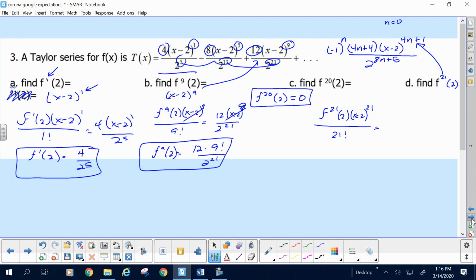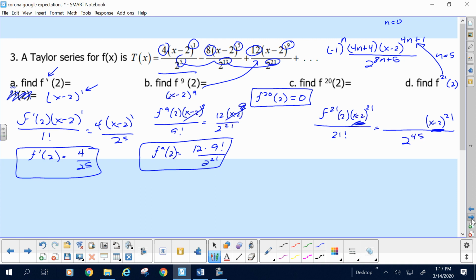In this case, the only way I'm going to get a 21 out of that formula is if n equals 5. So what would this look like if n equals 5? Well, I definitely get x minus 2 to the 21st, which is good. That absolutely has to match. These have to be identical, the coefficients. Now if n equals 5, then the bottom is 2 to the 45.